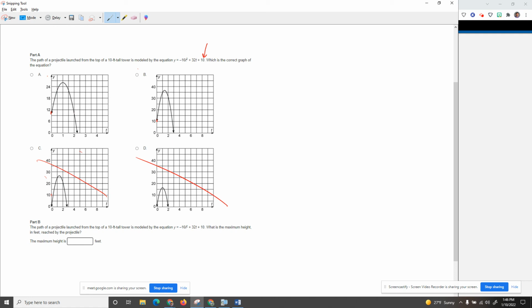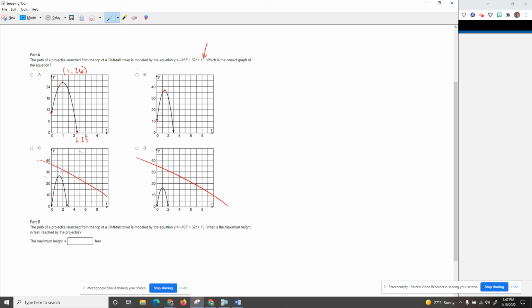When I graph this on Desmos, I'm going to look for the vertex and the x-intercept. So for answer choice A, it looks like the vertex is at 1, 26. And then it looks like the x-intercept is at maybe 2.25, something like that.